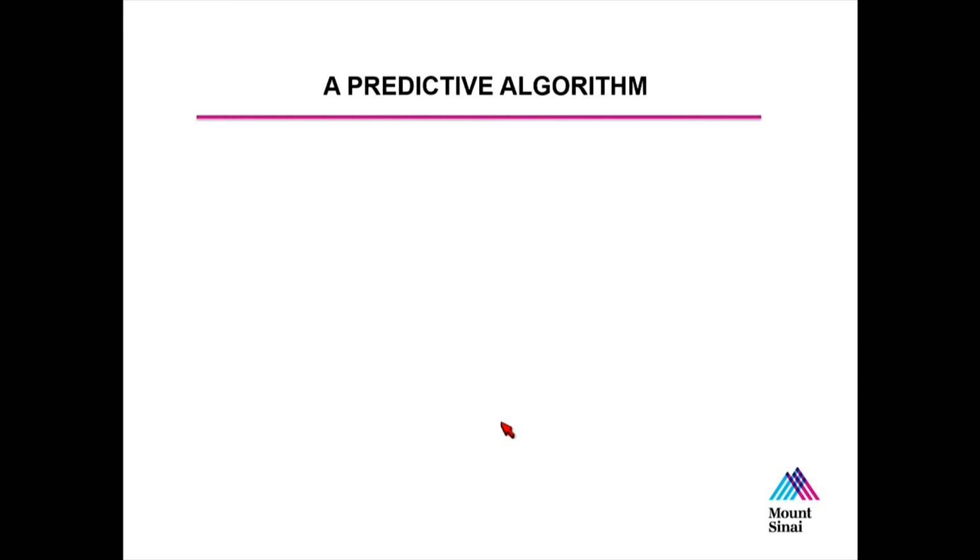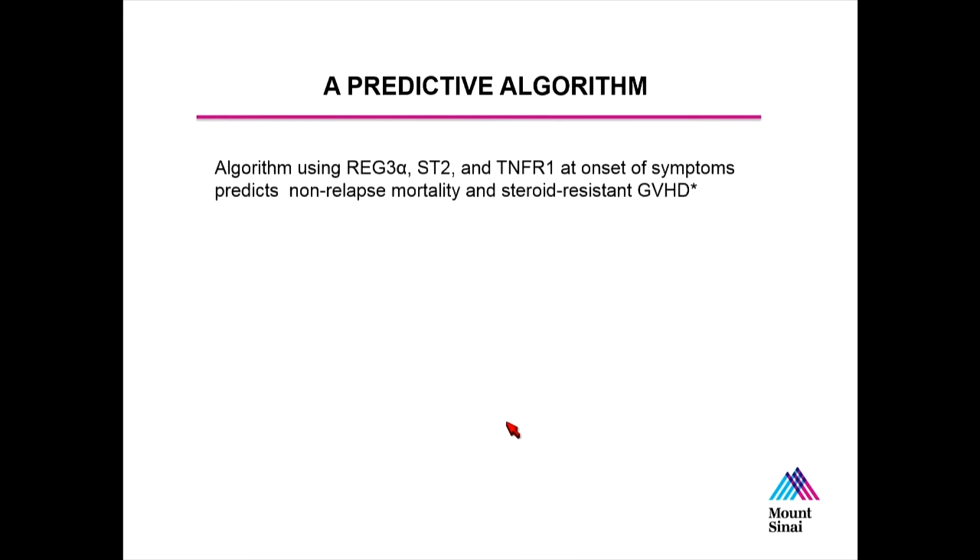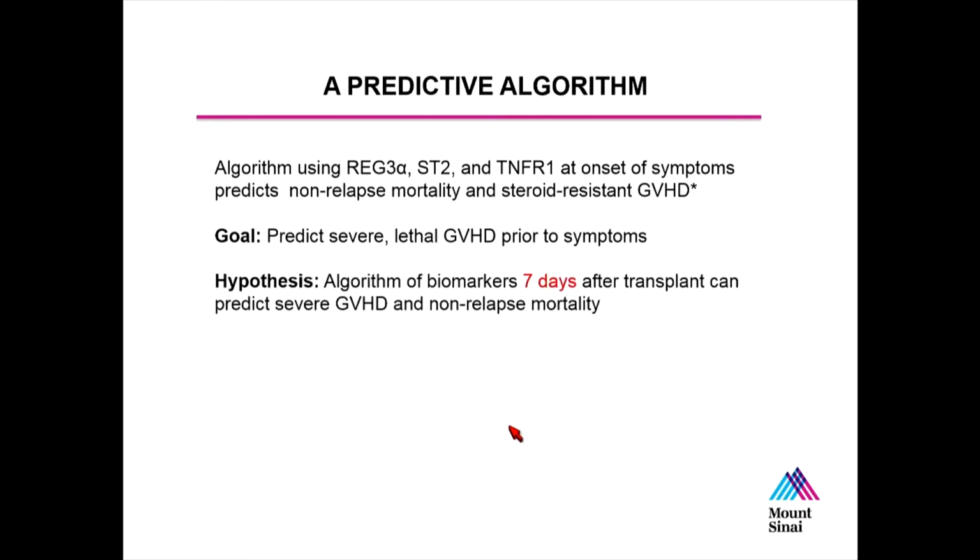So we asked whether we could develop a new algorithm using the same 3 biomarkers, and in addition, we're going to put in the IL-2 receptor alpha, which is another single excellent biomarker. It just fell out of the algorithm for the onset staging. So we're going to see whether we can predict non-relapse mortality and steroid-resistant GVHD prior to the onset of symptoms.